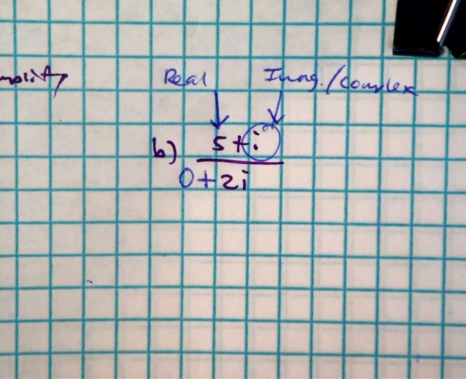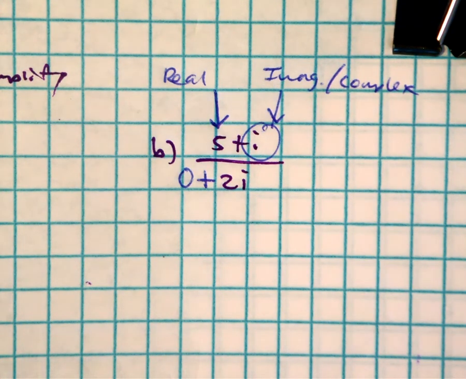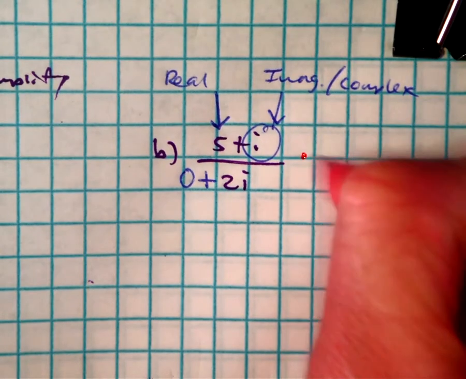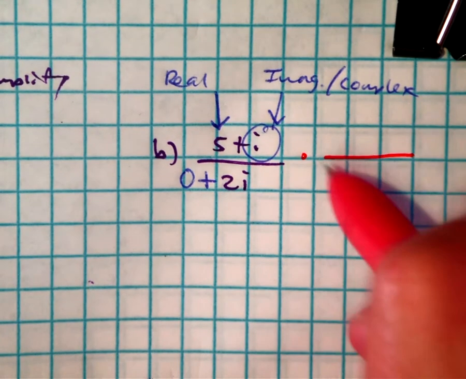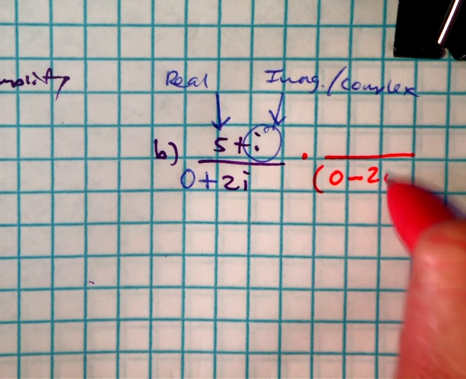Talk to your partner. What do you think the conjugate means? 20 seconds, go. The conjugate of this problem is 0 minus 2i.